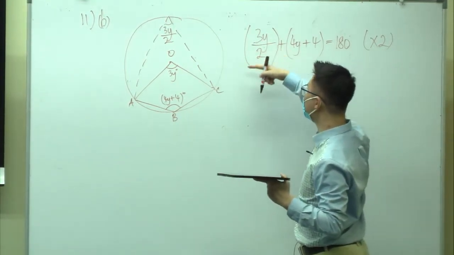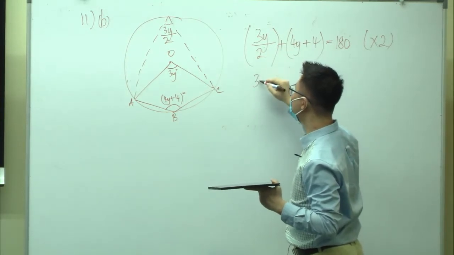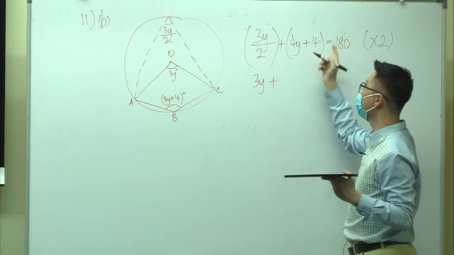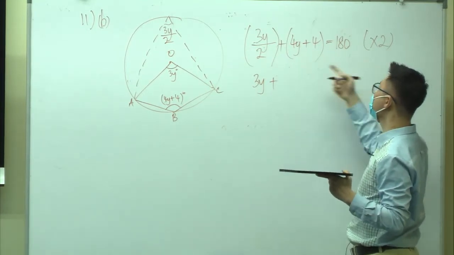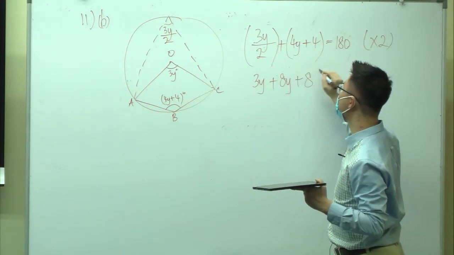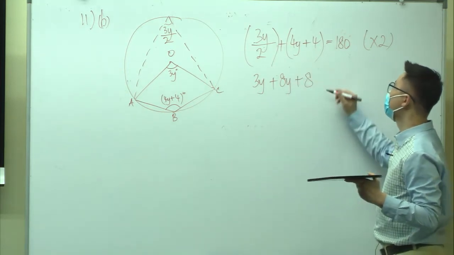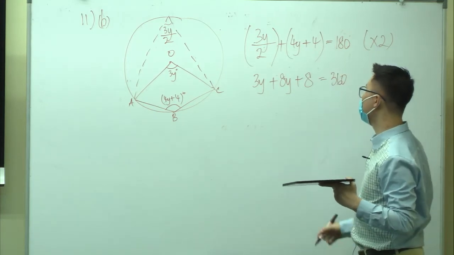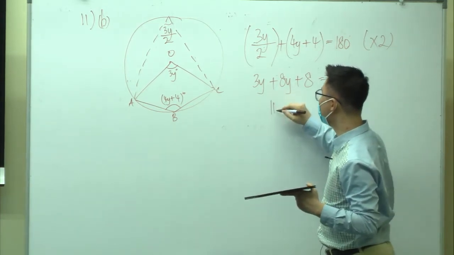Now you can get rid of this denominator, you got 3y. These two terms, you times 2, so you get 8y plus 8. This one times 2, you get 360. Now you can simplify it: 11y.